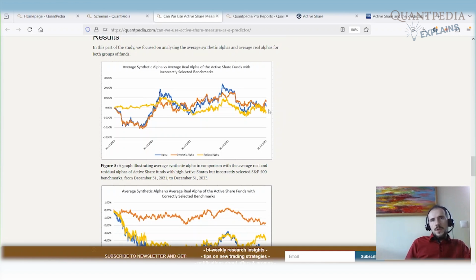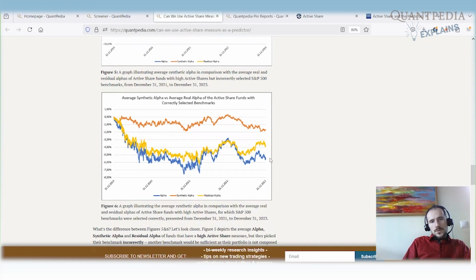So those funds were not stock pickers. They simply bought the small cap value or different kinds of stocks, but they set themselves the benchmark S&P 500, and they underperformed the S&P 500 because their factors were wrong. So they invested into the stocks from a completely different investment universe.